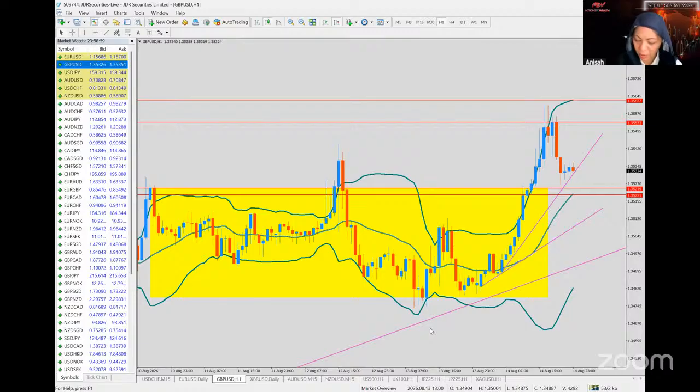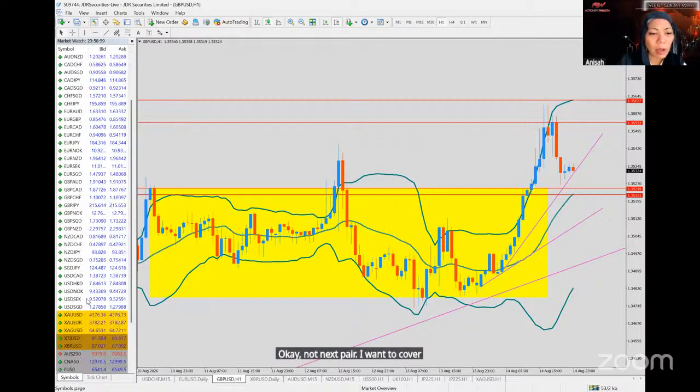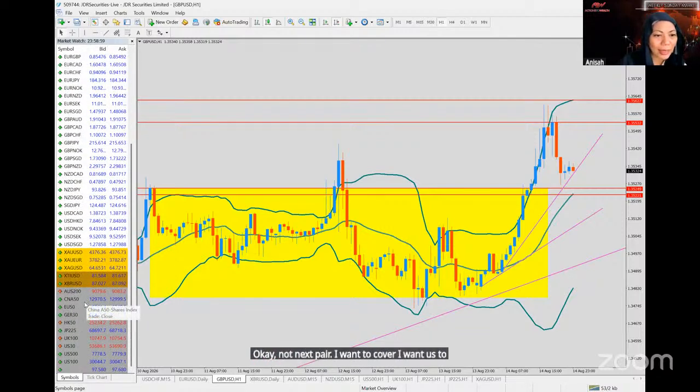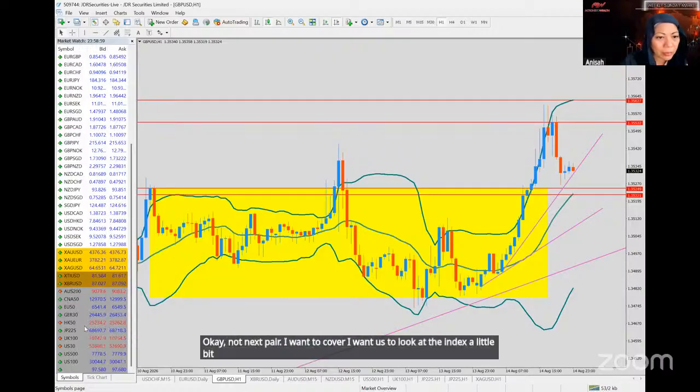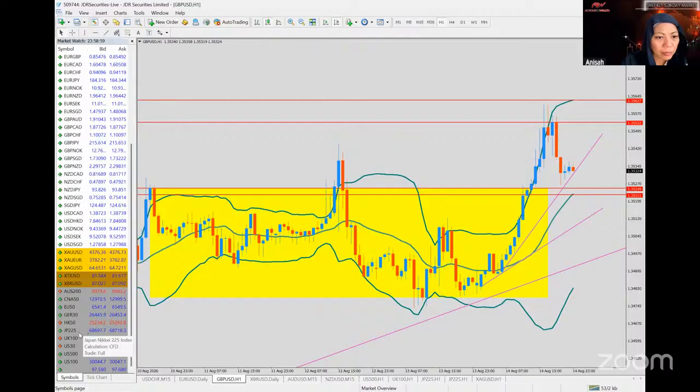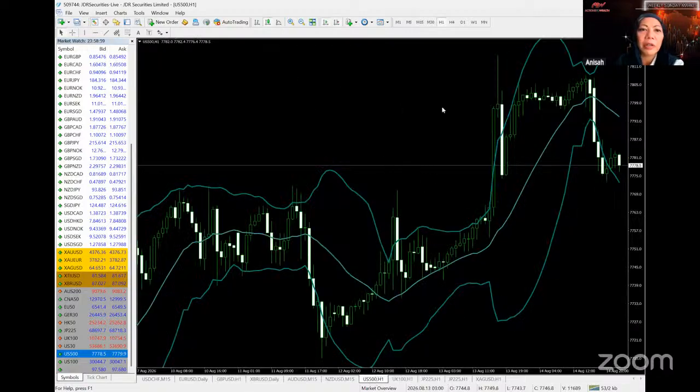Not next pair. I want us to look at the index a little bit. Here you go, S&P 500.